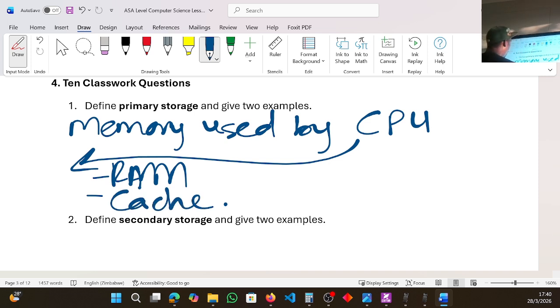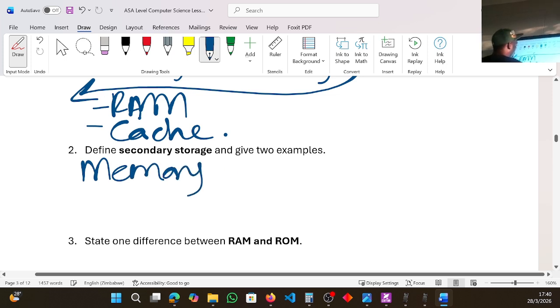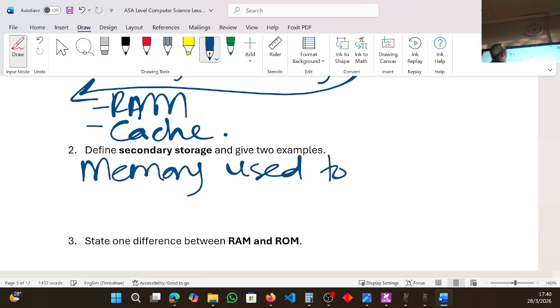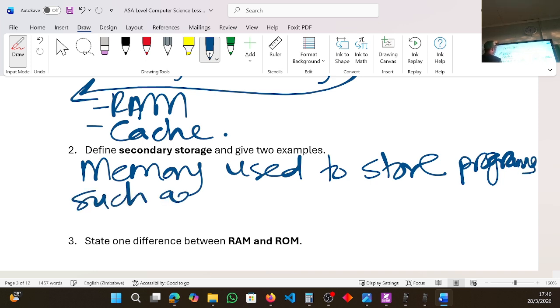Define secondary storage and give two devices. This is memory used to store, let's say, programs such as the OS, files, etc. So I've given examples of secondary storage.